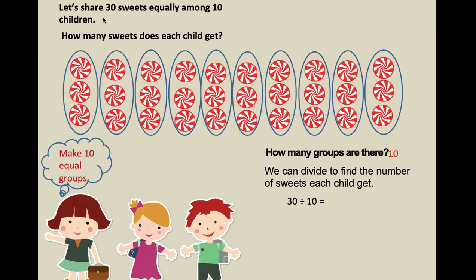Okay, when we divide 30 chocolates among 10 children, 10 children are nothing but 10 groups. Each child will get 3 chocolates. Okay, there we are.